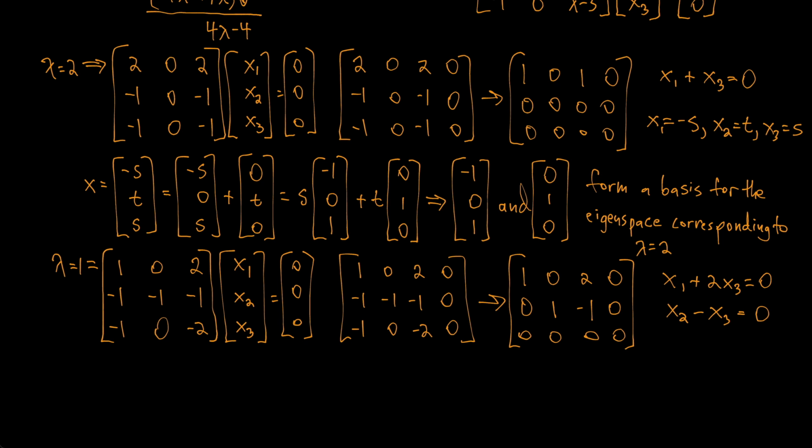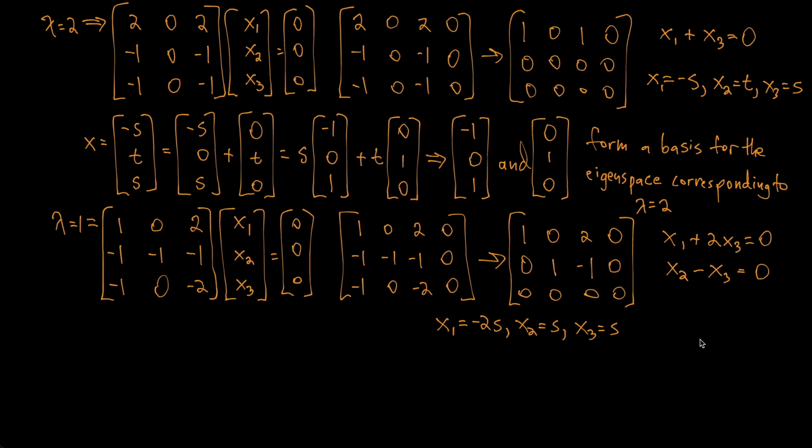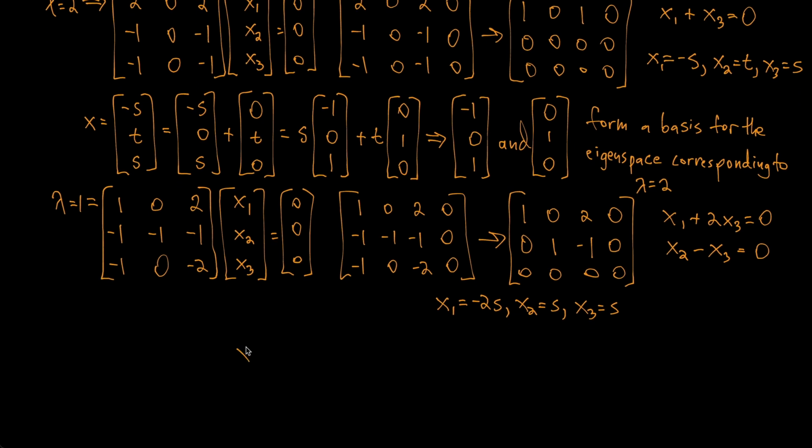So I get x1 is equal to negative 2s, x2 is s, and x3 is s. So I can write out that x equals negative 2s, s, s, which is s times negative 2, 1, 1.